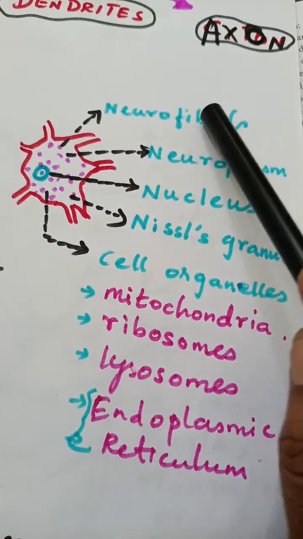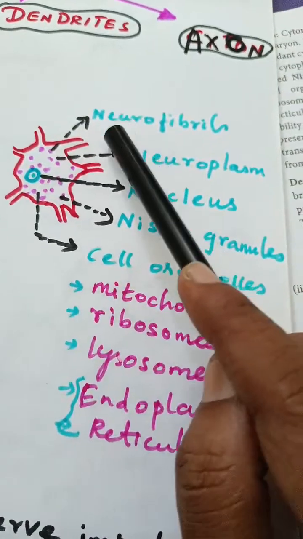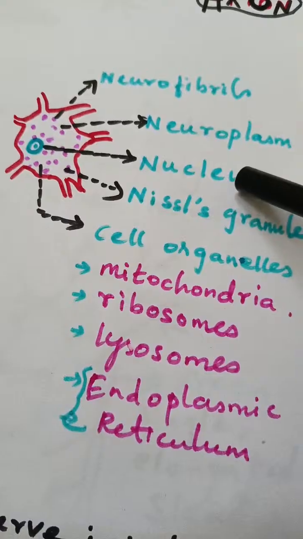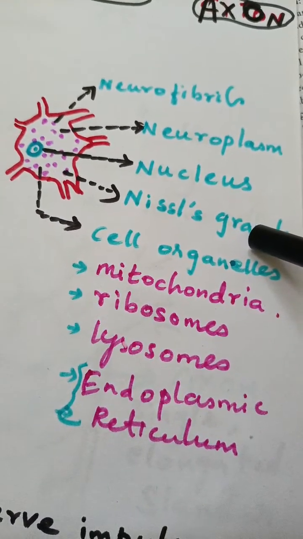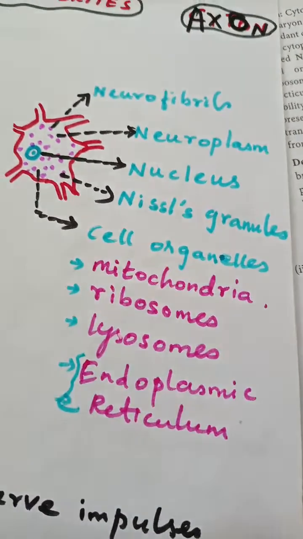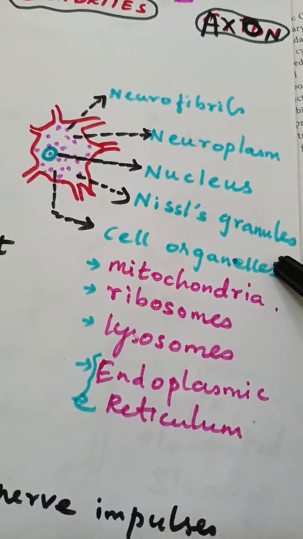Then it will have some expanded fibrils coming out, known as the neurofibrils. And it will have some granules inside the cytoplasm in the cell body, known as the nuclear granules.